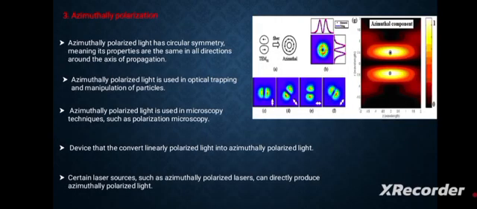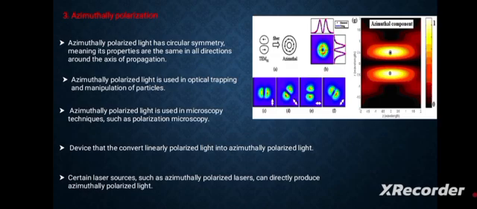Azimuthal polarization. Azimuthally polarized light has circular symmetry, meaning its properties are the same in all directions around the axis of propagation. Azimuthally polarized light is used in optical trapping and manipulation of particles.